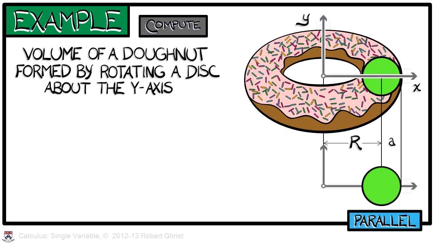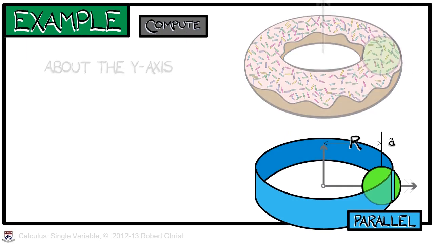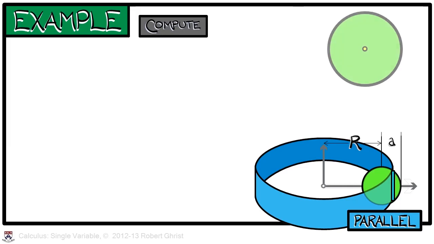Then, decomposing this volume by slices that are parallel to the axis of revolution gives us a cylindrical volume element. Let's compute that volume element and then integrate.